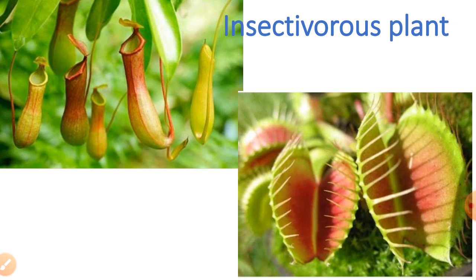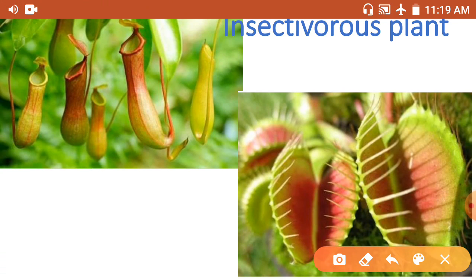The leaves of these plants are modified into a pitcher-like structure. The top part of the leaf acts as a lid which can open and close the pitcher. The pitcher contains hairs in a downward direction which trap the insect.